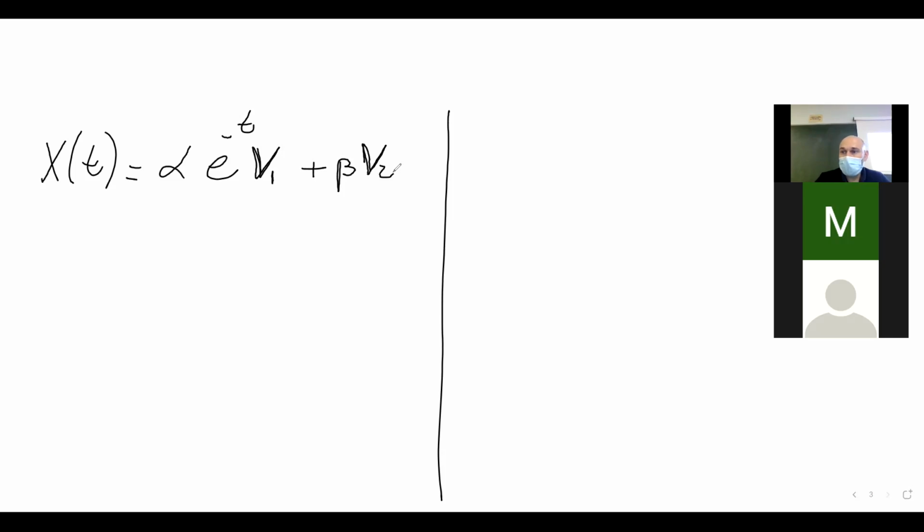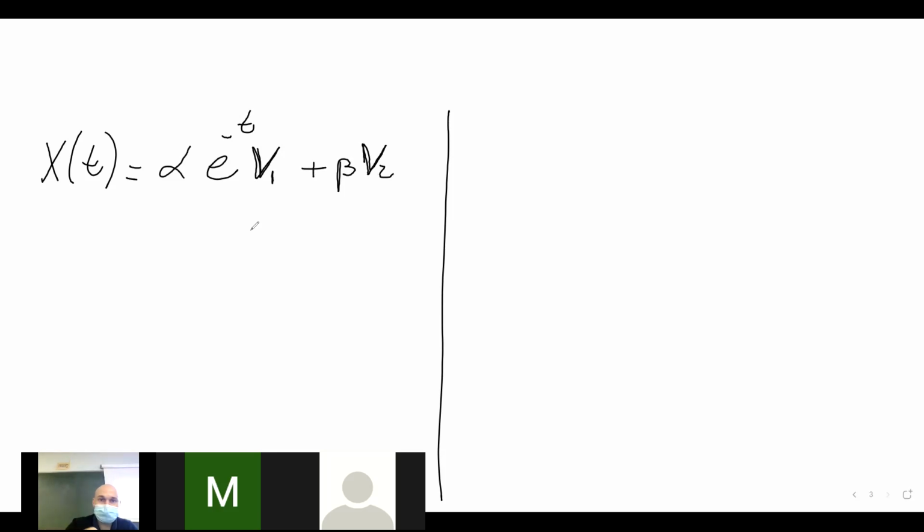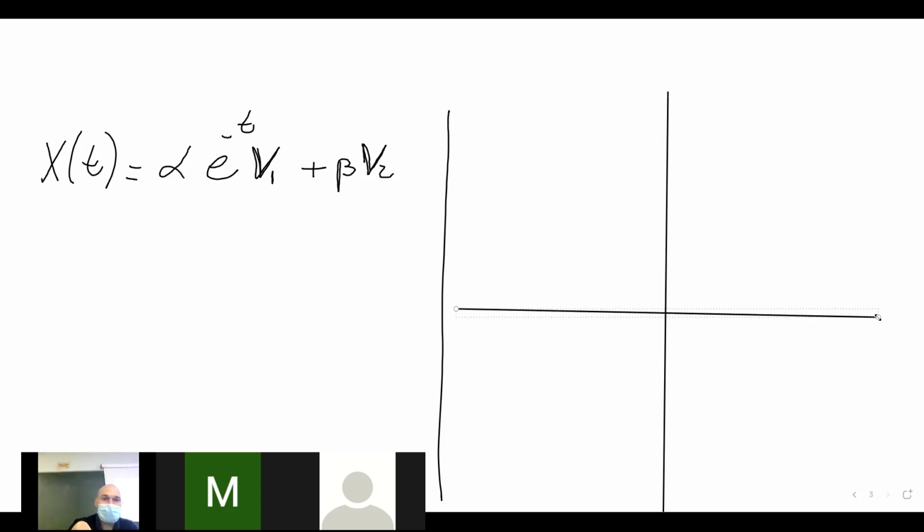Now let's draw the solutions. So this is y equals x.